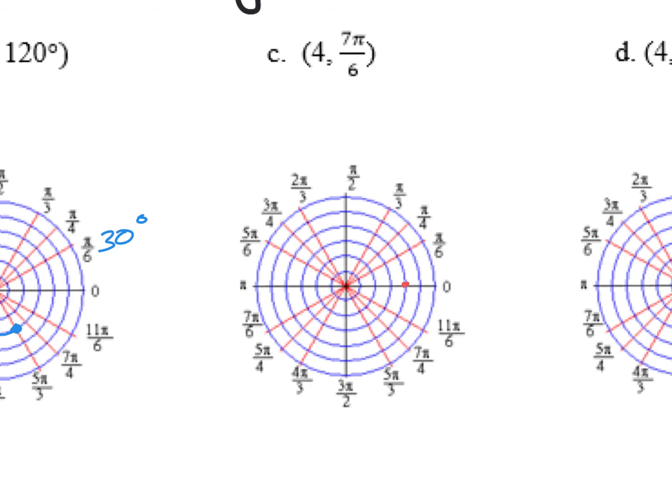Pi over 6. All the way to there. And that's where I am. So technically when I'm plotting that point, the little arc that I drew for the angle doesn't need to be there, and actually technically isn't. But if you need to mark that to get the point plotted correctly, feel free to do that. That's what I'm doing.